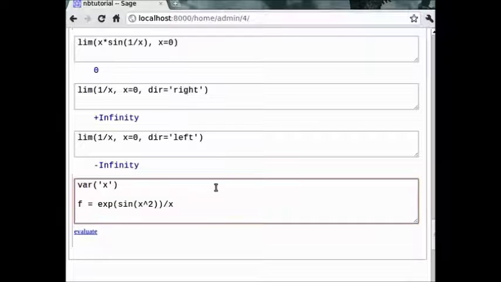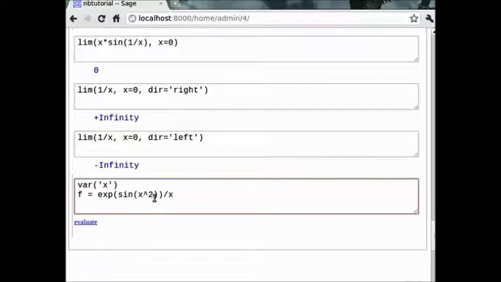For this, we shall first define the expression and then use the diff function to obtain the differential of the expression. That is, you can type var('x'), then next line f = sin(sin(x^2)/x), and then third line you can type diff(f, x).